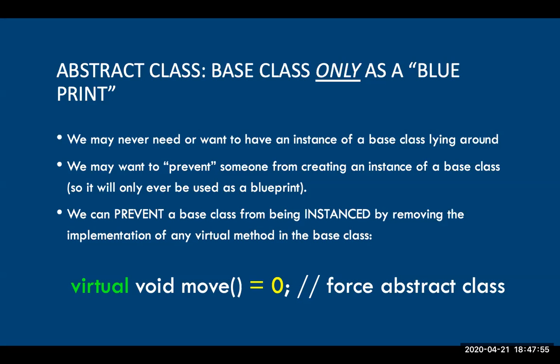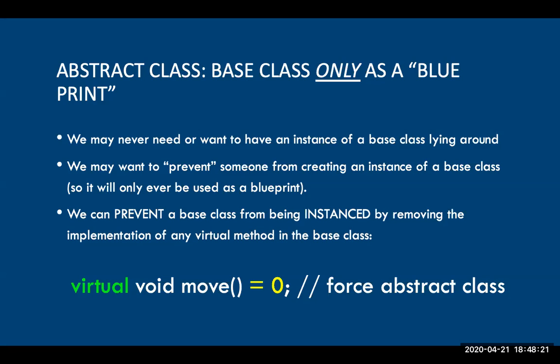Doing that to any one or more methods in a base class will always prevent that base class from being instanced by itself. That defines an abstract class in C++. You wouldn't think that adding equals 0 to one little method in a giant class is what does it, but that's the trick right there.